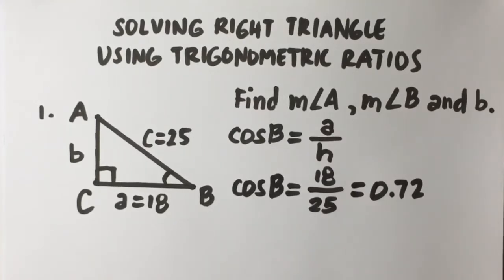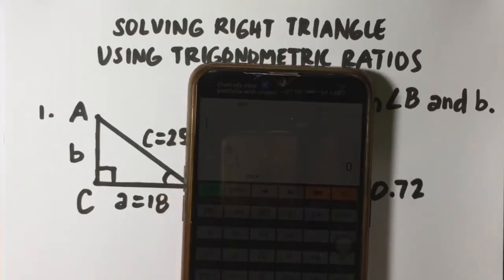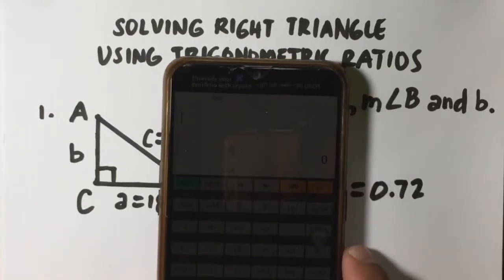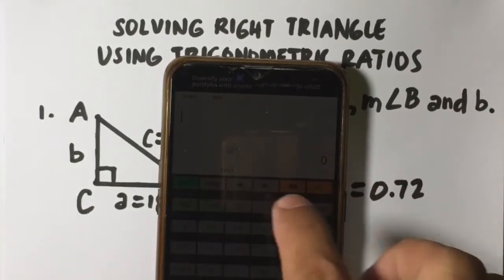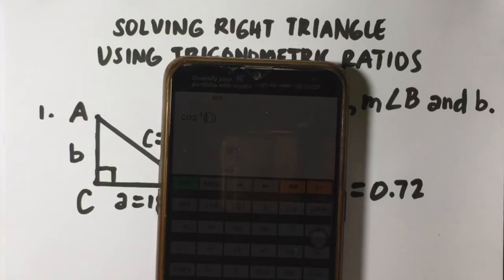So in our scientific calculator, we're going to select degree here, then shift, then click cosine. Then enter the value, which is 0.72.